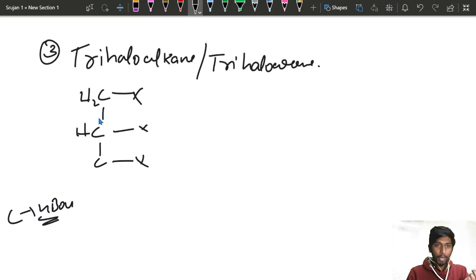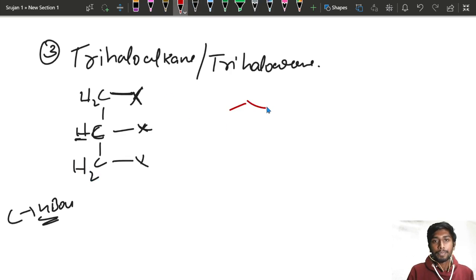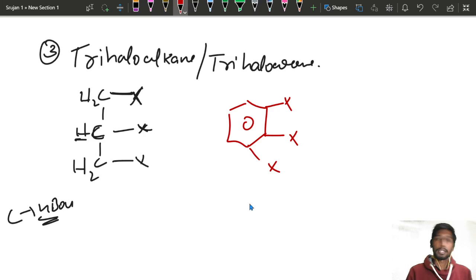If one is made with a carbon and one with a halogen, only two bonds remain on this first carbon atom. In the second carbon atom, two are already made through carbons and one through a halogen, so one is left that will be satisfied with a hydrogen. This is a trihaloalkane, and next is the trihaloarene, with X, X, X. So I think you understood this.